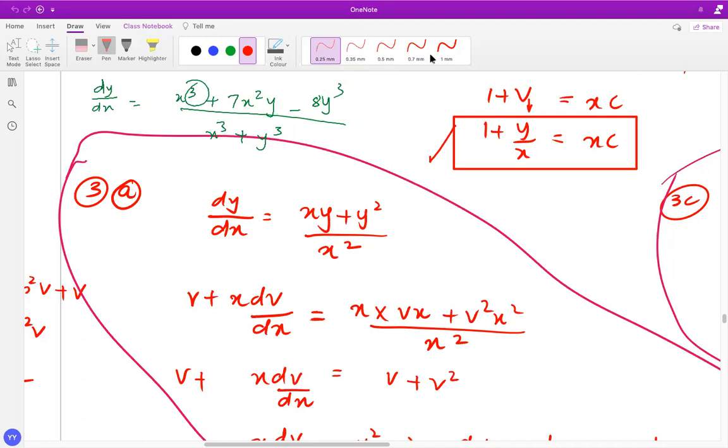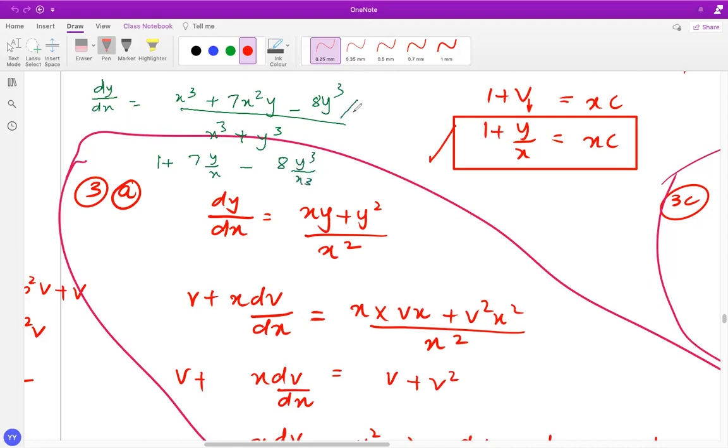Now the interesting part here is that if I wish to express this as a function of y over x, I divide the numerator and denominator by x cubed. This becomes 1, 7x squared y becomes 7 times y over x, minus 8y cubed over x cubed.